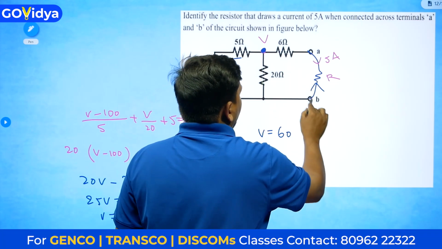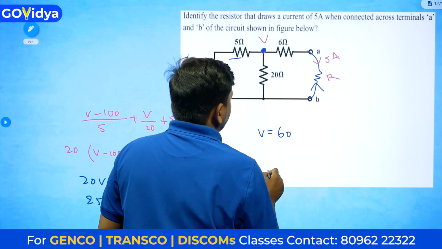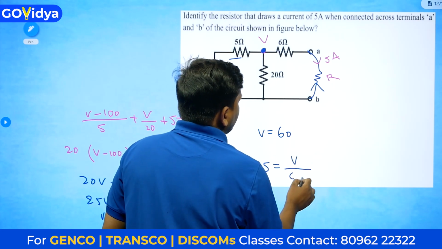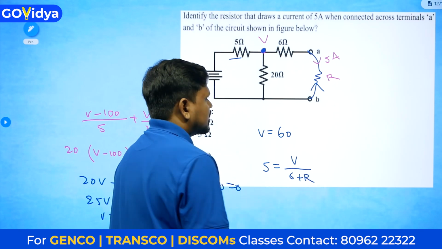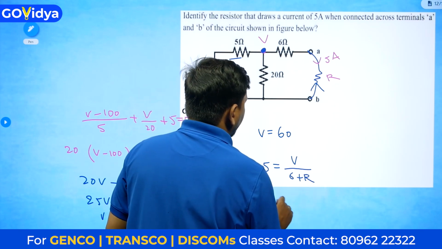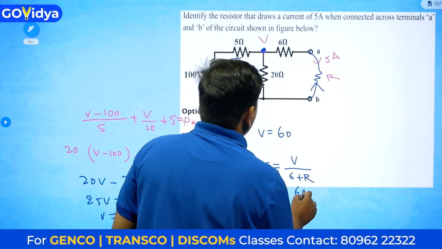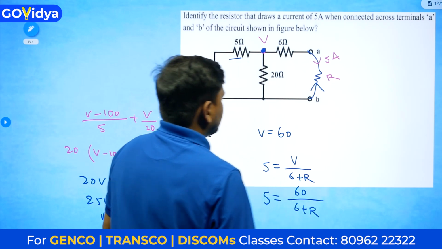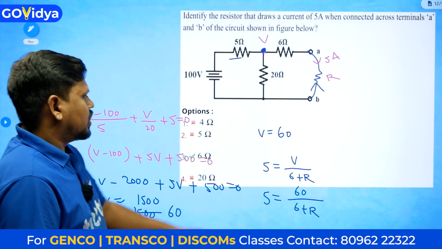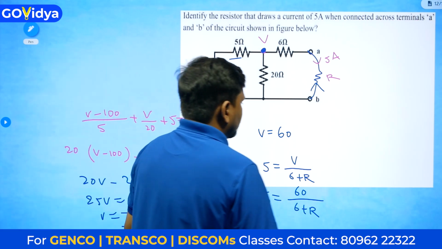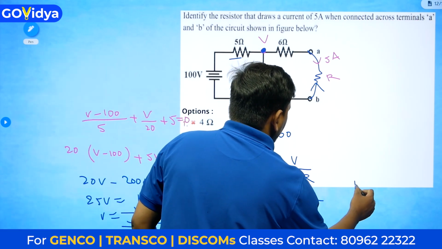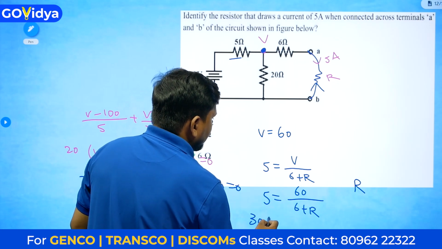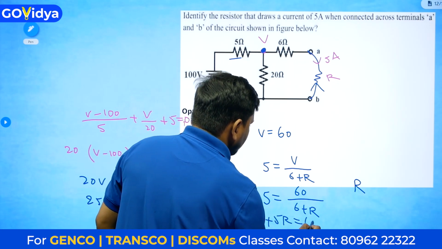Now the current of 5 amperes from here to here is nothing but V divided by 6 plus R. So 5 equals 60 divided by 6 plus R. From this you can calculate the R value. 6 into 5 is 30, plus 5R equals 60.